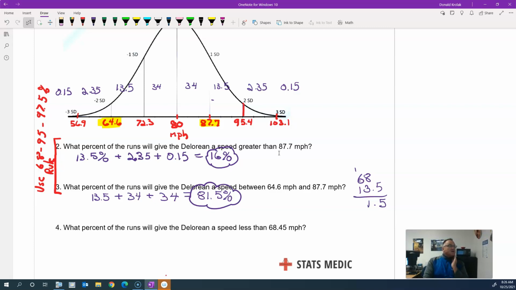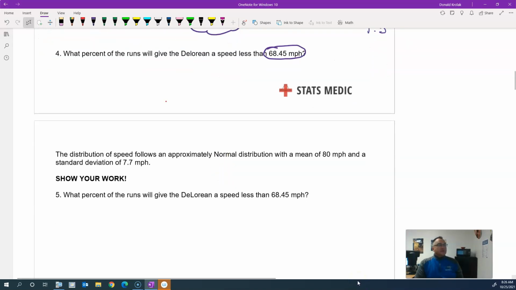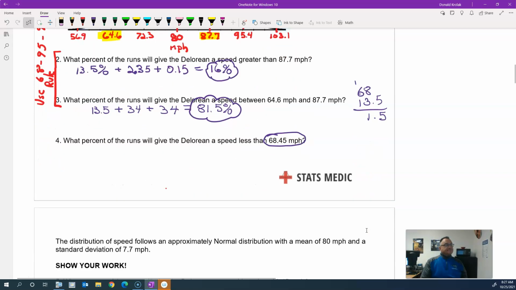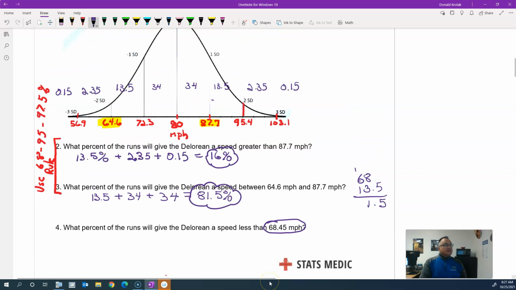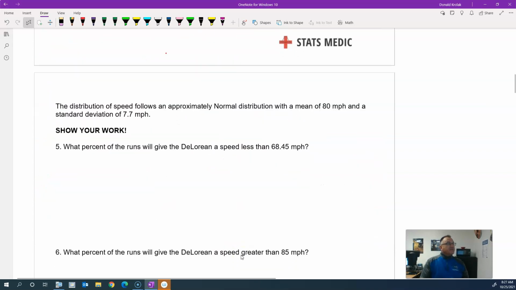Now the next one says, what percent of the runs will give the DeLorean a speed less than 68.45 miles per hour? And we're actually going to do that one right here, so we've got a little bit more space. It's the exact same thing. But the problem is, this value is not on our graph.